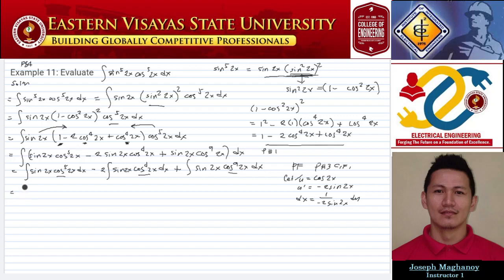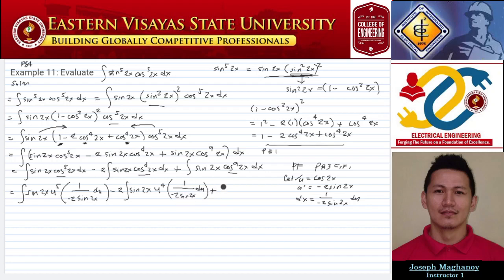So let's continue. The integral of sine 2x, cosine 2x we replace with u, but we remain the power. Your dx, you replace with your correction factor, 1 over negative 2 sine 2x du, minus 2 integral of sine 2x, so that is u, your power is 4, with your correction factor dx, 1 over negative 2 sine 2x du.